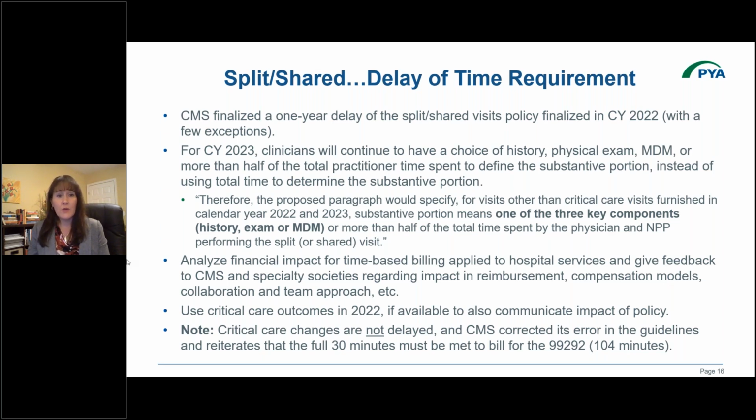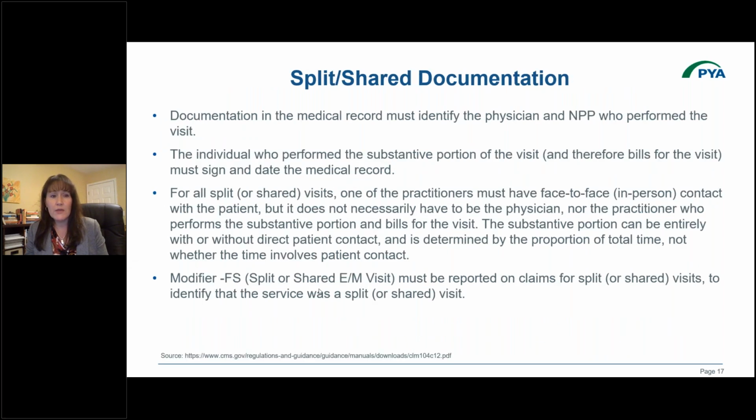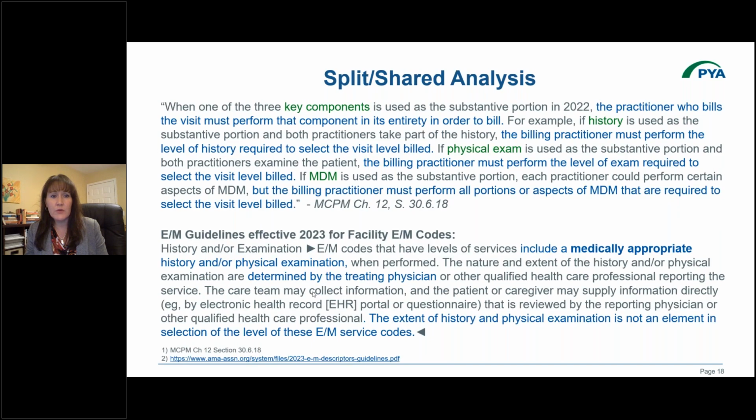In addition, as we look over to the manual, let me jump over here real quick. The Medicare Claims Processing Manual states that the practitioner who bills the visit must perform the component in its entirety in order to bill. And they state that over and over again, whether it's history, physical exam, or medical decision making, that they're required to perform all portions of that aspect.